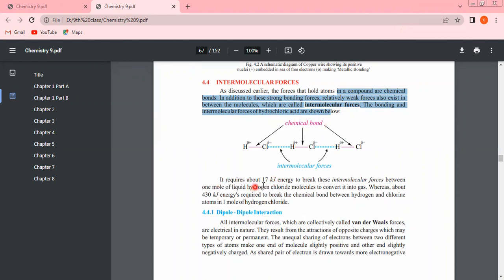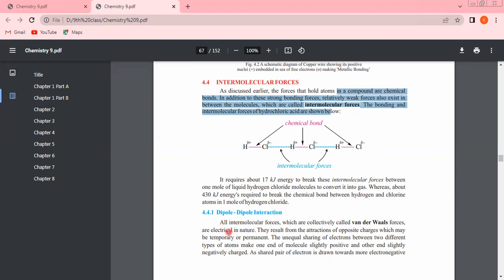It requires about 17 kJ of energy to break these intermolecular forces between one mole of liquid hydrogen chloride molecules to convert it into gas, whereas about 413 kJ of energy is required to break the chemical bond between hydrogen and chlorine atoms in one mole of hydrogen chloride.